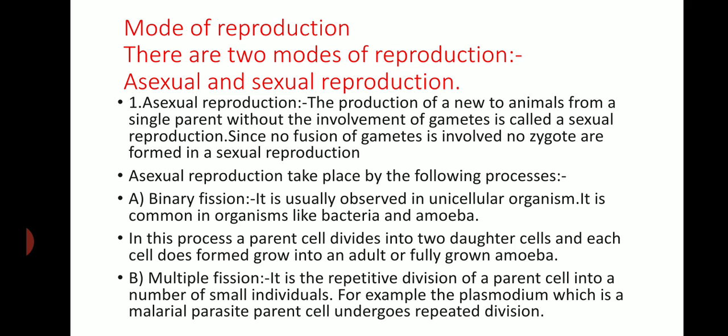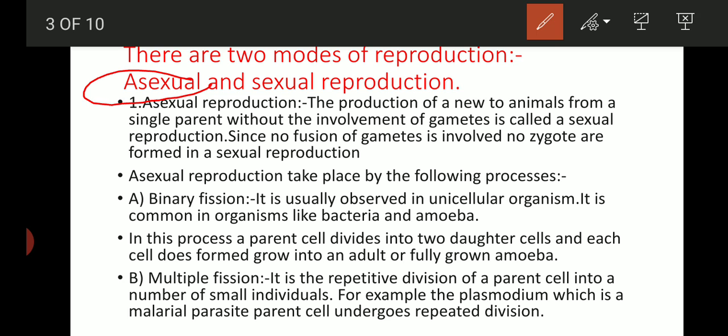All living organisms produce their young ones by the process of reproduction. And there are two modes of reproduction. The first one is asexual reproduction and the other one is sexual reproduction. So, asexual reproduction is the production of new animals from a single parent without the involvement of gametes.